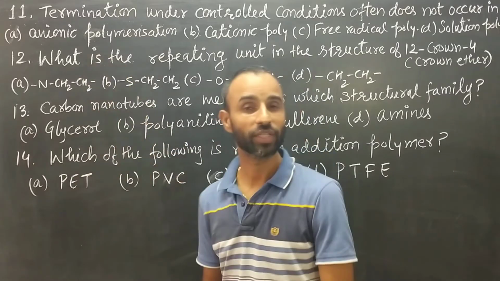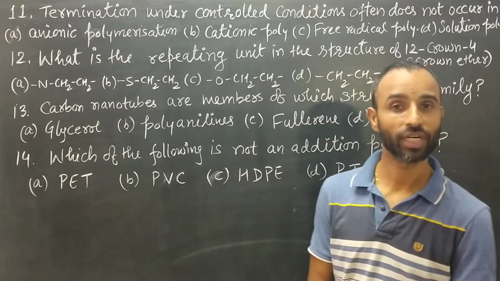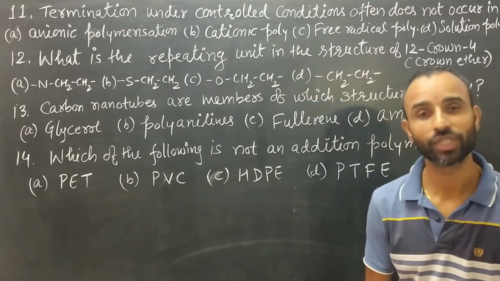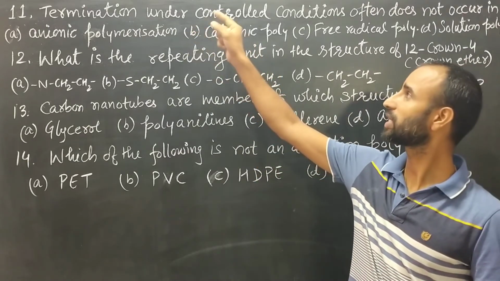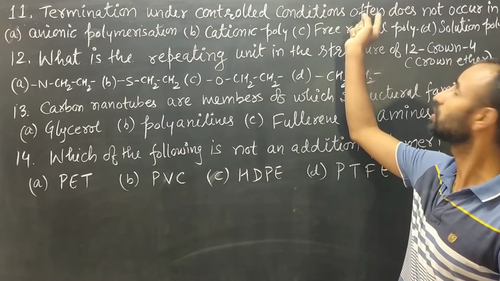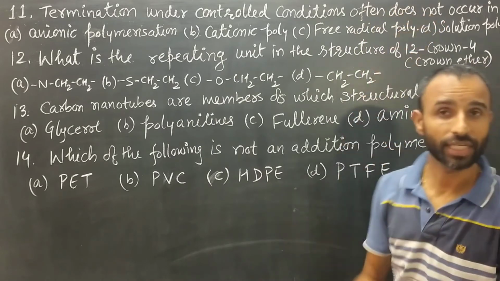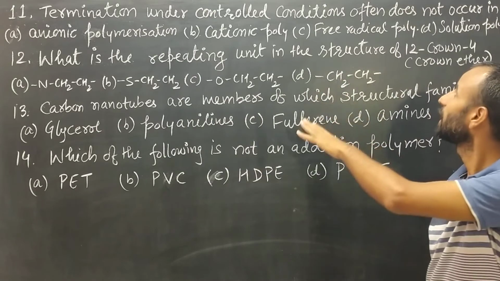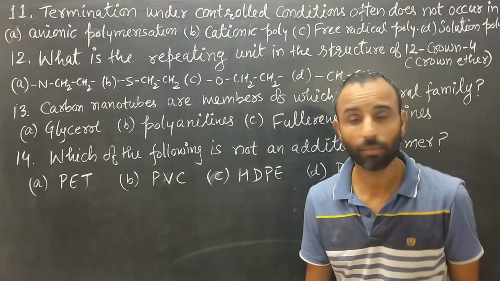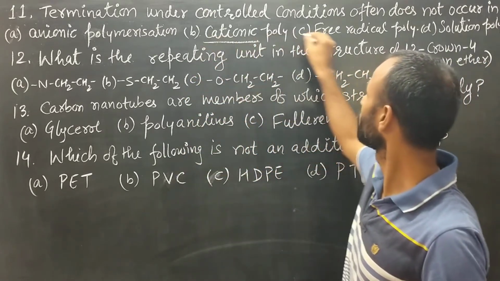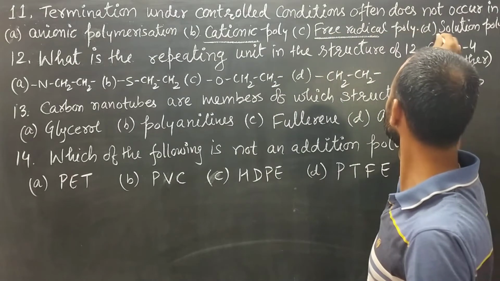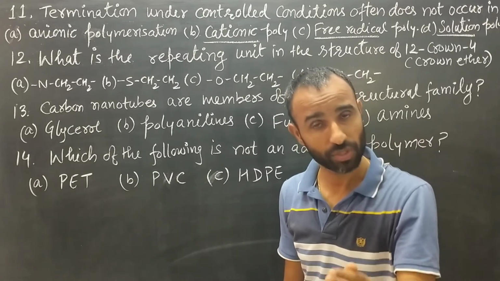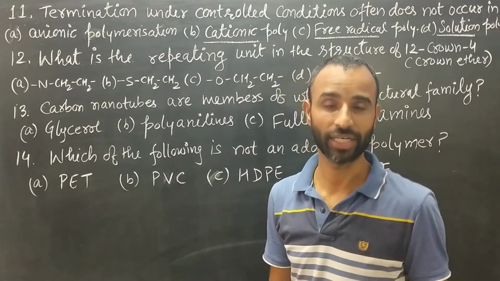Next, questions 11, 12 and 13 are from GSET 2013, and the last question, the 14th, is from GSET 2011. The question is: termination under controlled conditions often does not occur in which polymerization: anionic, cationic, free radical or solution? Keep in mind, in cationic, free radical and solution polymerization, there are formal termination steps, or we add a terminating agent.